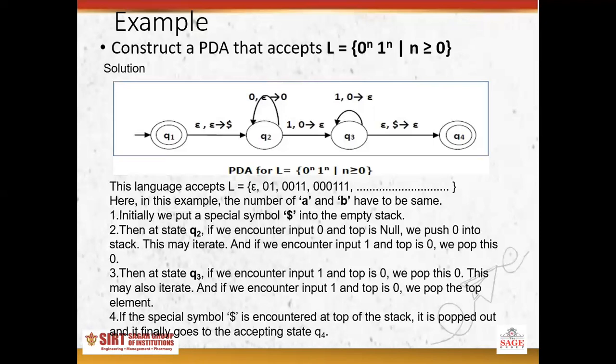Then at state Q3, if we encounter input 1 and the top of the stack is 0, we pop this 0. This may also iterate.